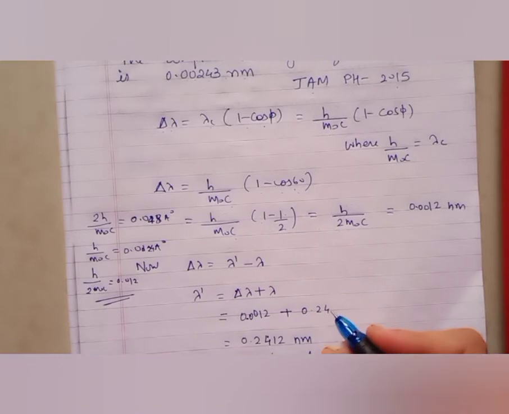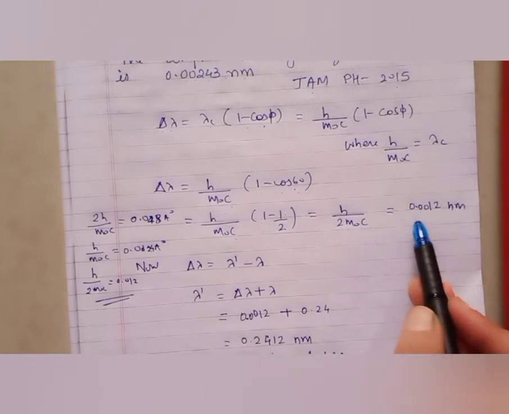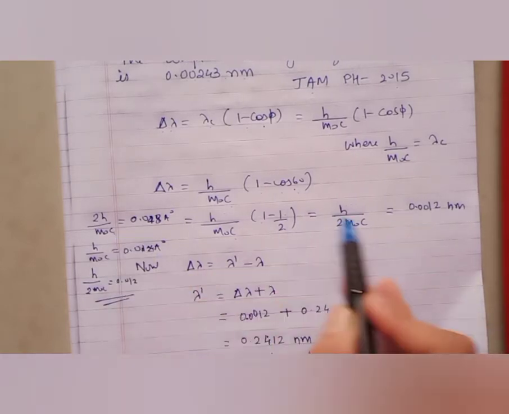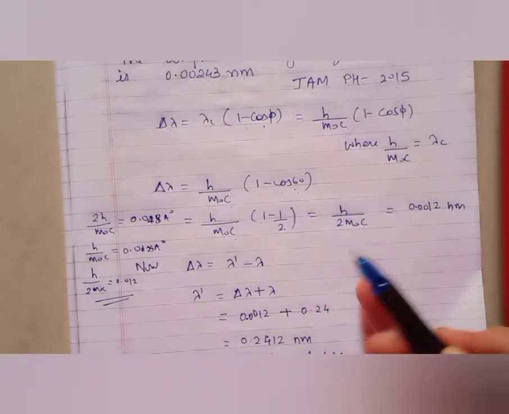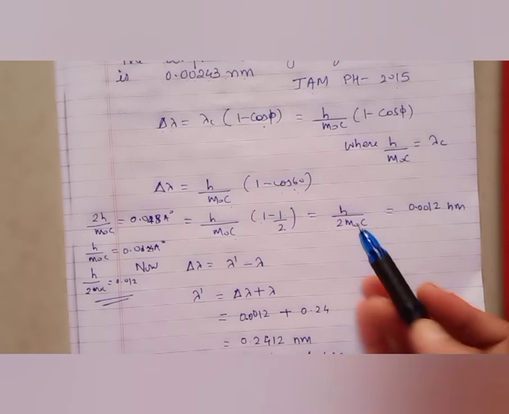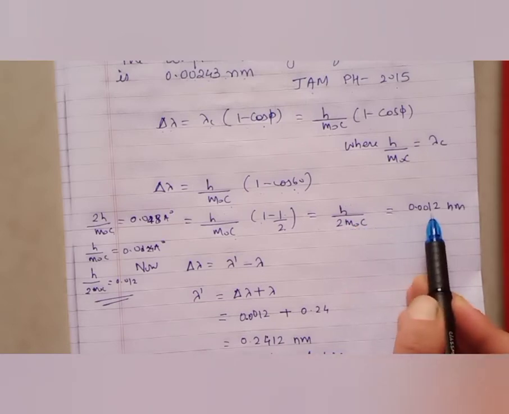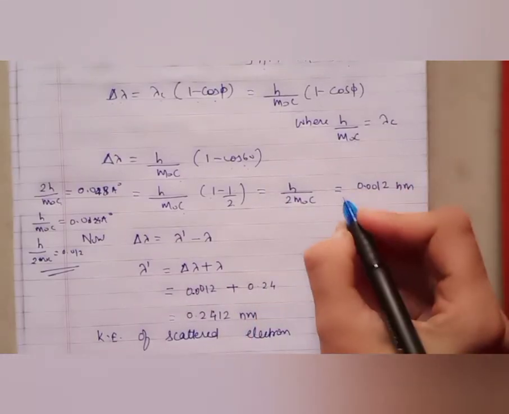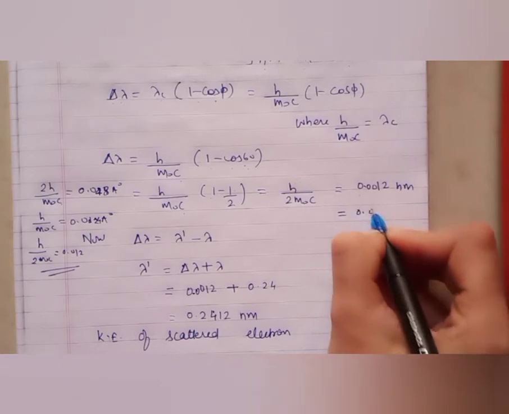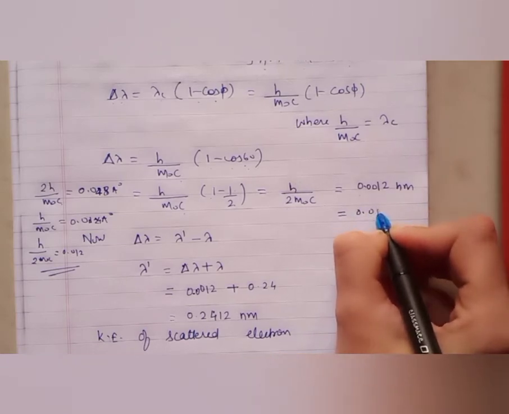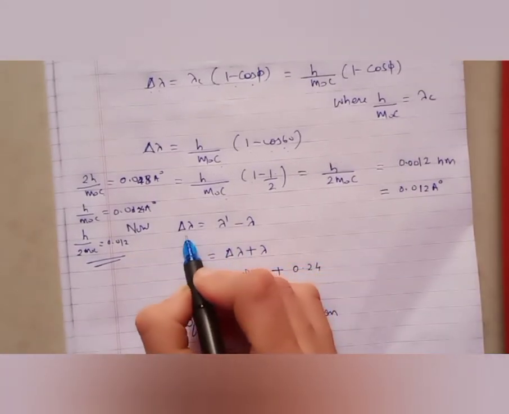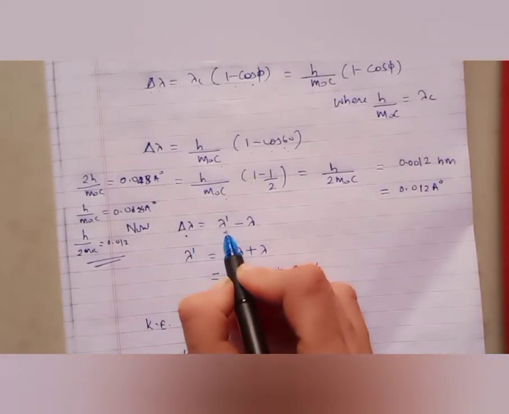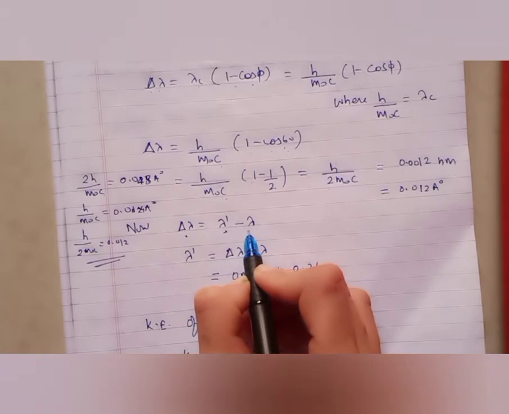So at times you don't have to do the calculations at all. Once you know this value, generally it is in terms of h upon m0c only: 2h upon m0c, h upon m0c, that way. So here 0.012 angstrom.